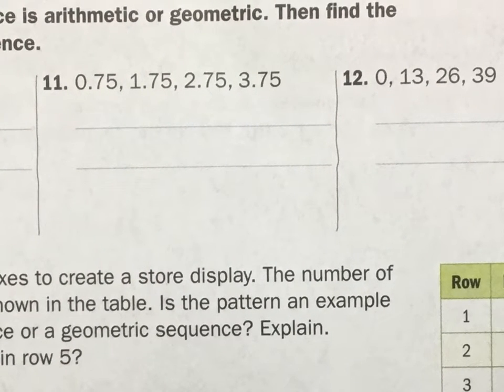We have to see if it's adding or subtracting. And it looks like we're getting bigger. I mean, adding or multiplying. We're getting bigger. I want to suggest it's adding, because we're going from 0.75 to 1.75 to 2.75 to 3.75.